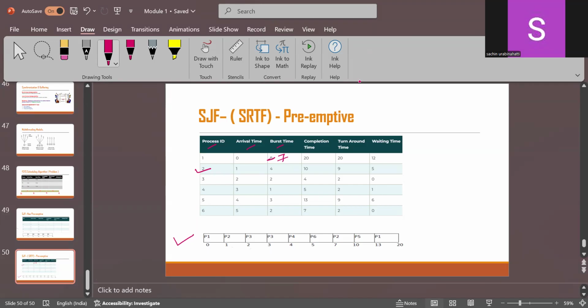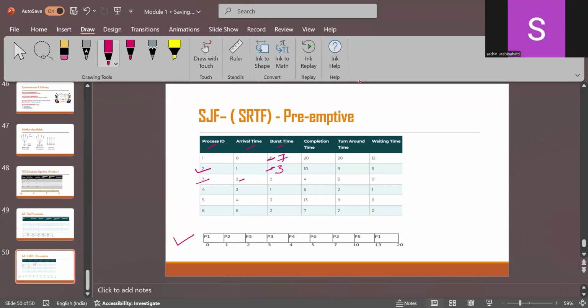At the second unit of time, P3 comes into the ready queue. Meanwhile, the remaining time of P2 will be 3. Now P3 is also in the ready queue, and its execution time is 2.